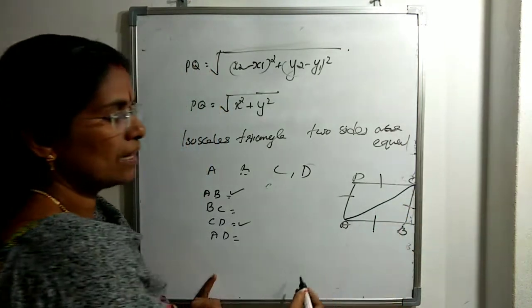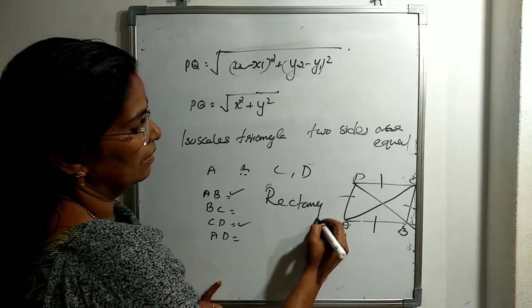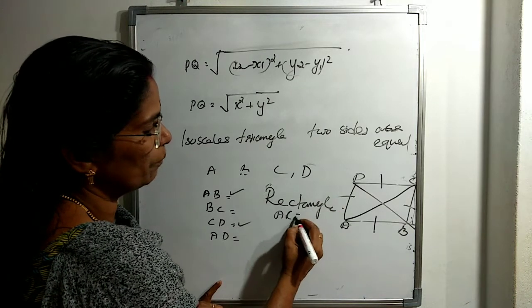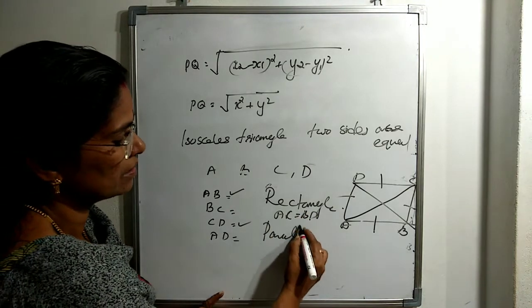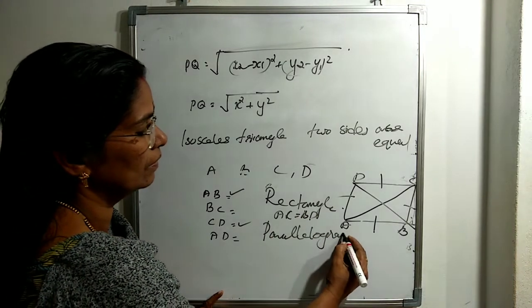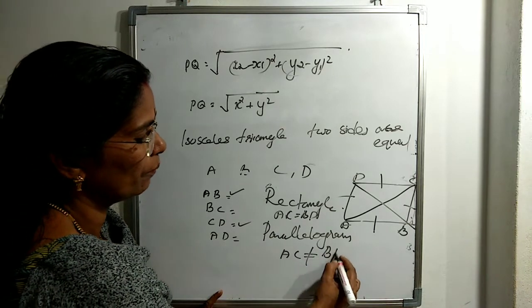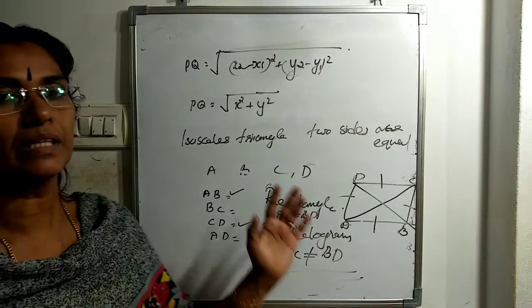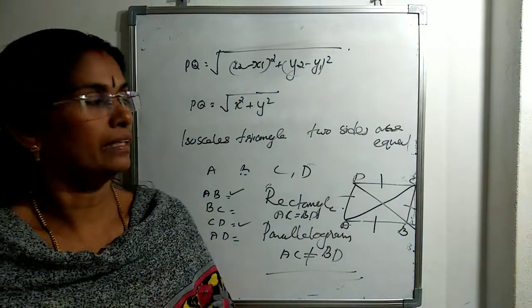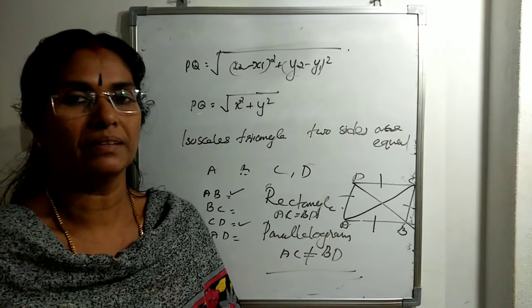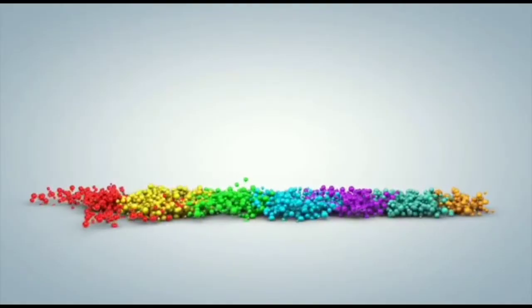If the diagonals are equal, meaning AC equal to BD, it is a rectangle. It is a parallelogram if AC is not equal to BD. These terms are all very important. You have to study properly, then you can solve all the questions from this part. Clear? Thank you, students.